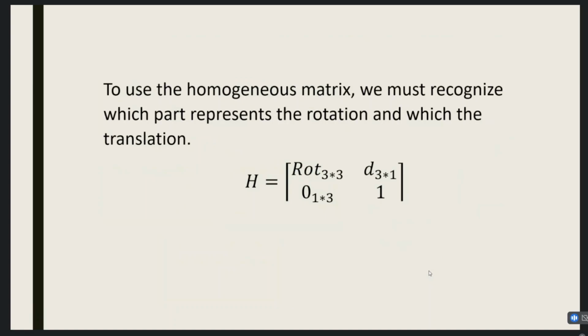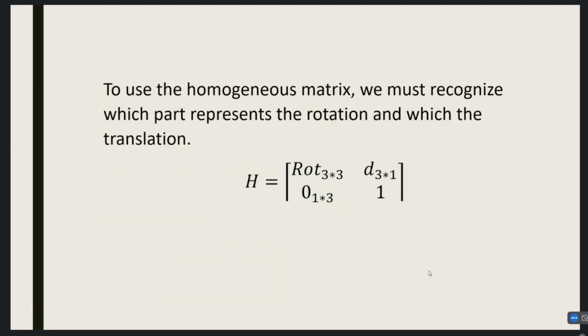Now let's talk about how the homogeneous matrix is used. To use the homogeneous matrix, we must recognize which part represents the rotation and which the translation. As shown in the simplified matrix, let's remember that it is composed of a rotation matrix and a translation matrix.